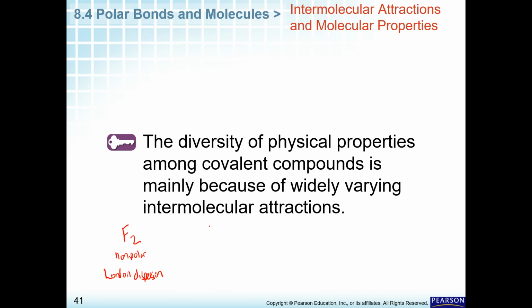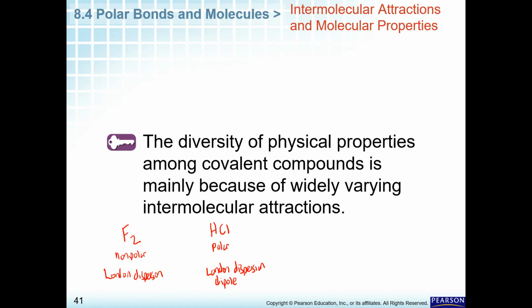Whereas if you see something like HCl, this is actually a polar compound. This is still going to have London dispersion because every molecule is going to have London dispersion. However, since it's polar, it is also going to have dipole bonds as well.